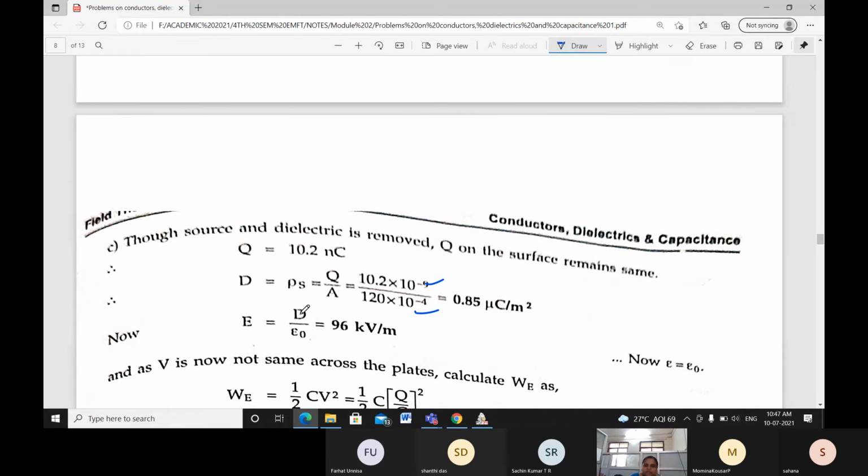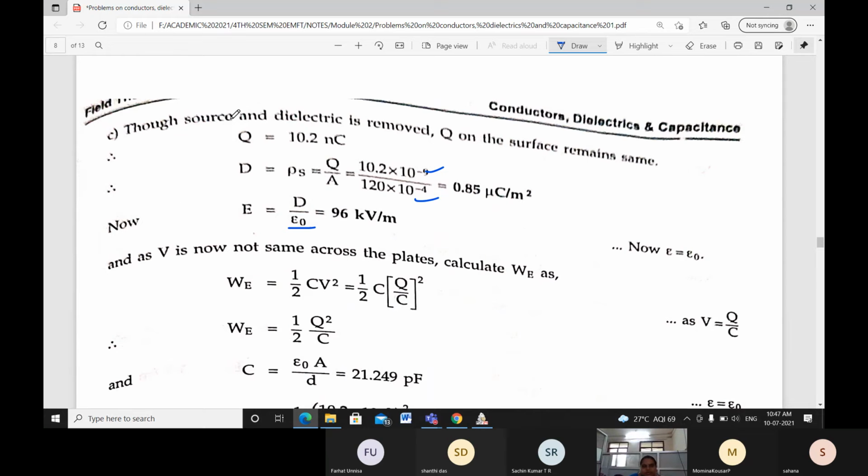Then E is what? D by epsilon naught we can go with. Substitute for epsilon naught only, because the dielectric medium is removed. For that reason epsilon r is not going to affect here. Therefore, you will be getting 96 kilovolts per meter. Hoping you are getting this part. And what do we have to calculate? V is now not the same across the plates. It's going to be changing now.